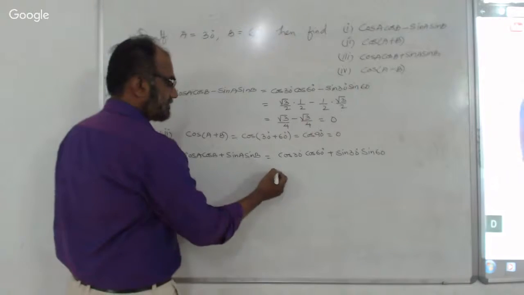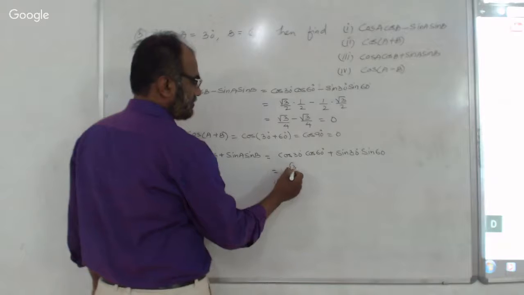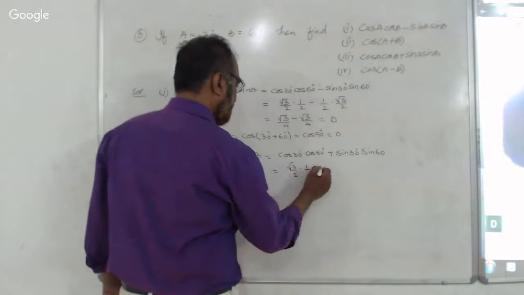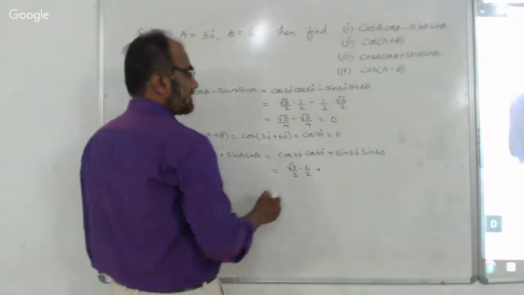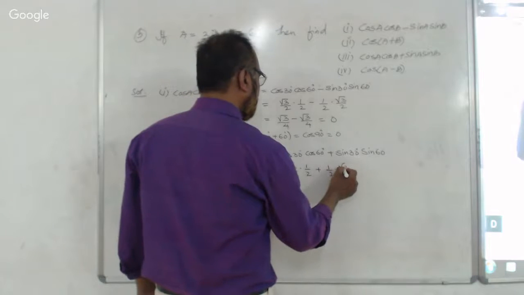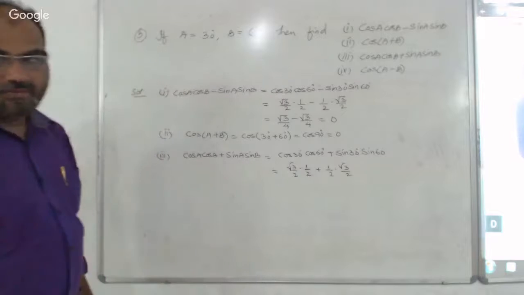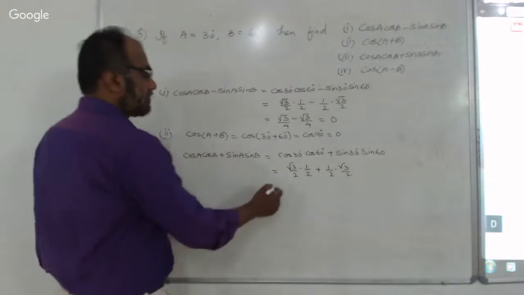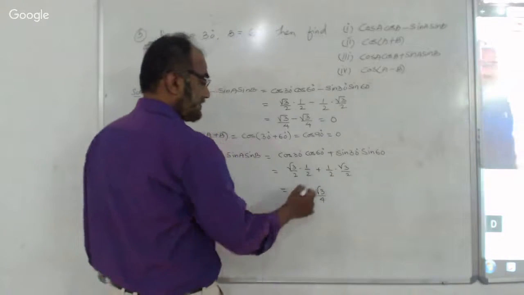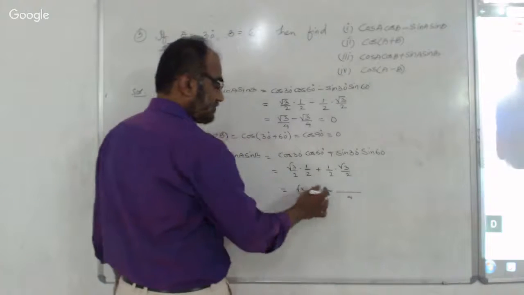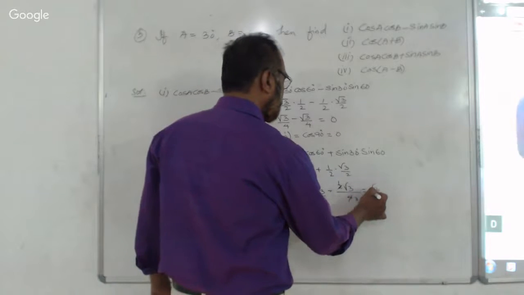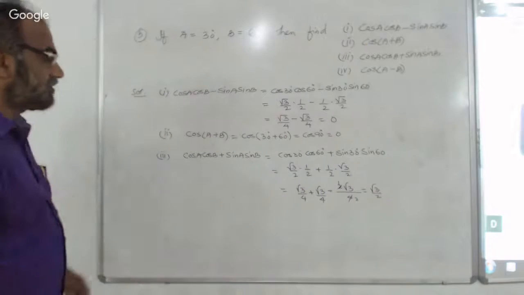Cos 30 is root 3 by 2, cos 60 is 1 by 2, plus sin 30 into sin 60. Sin 30 is 1 by 2 into sin 60, root 3 by 2. This comes to root 3 by 4 plus root 3 by 4, with LCM 4. Root 3 plus root 3 is 2 root 3, which comes to again root 3 by 2. Now this is about the third bit.